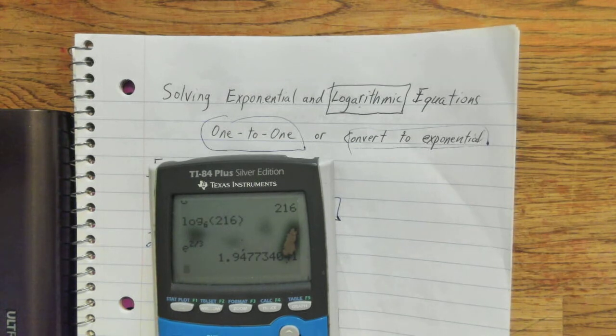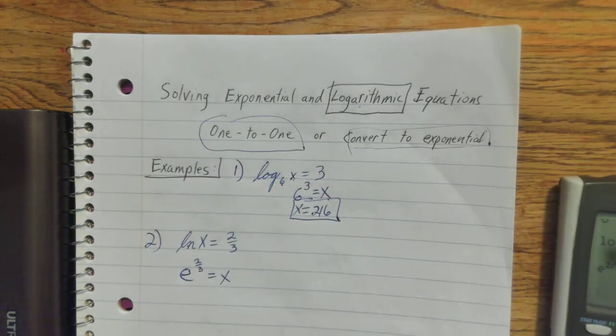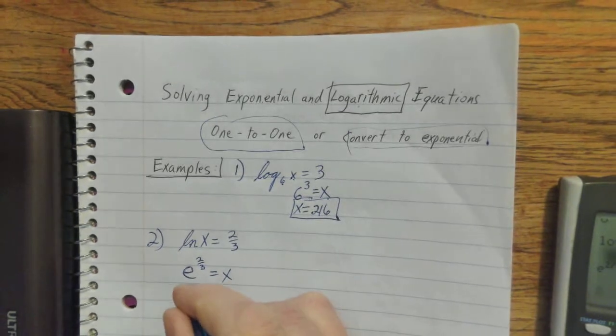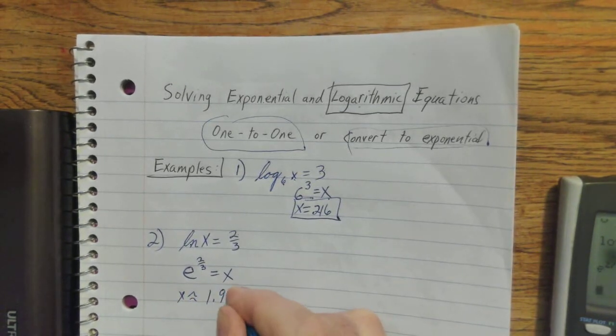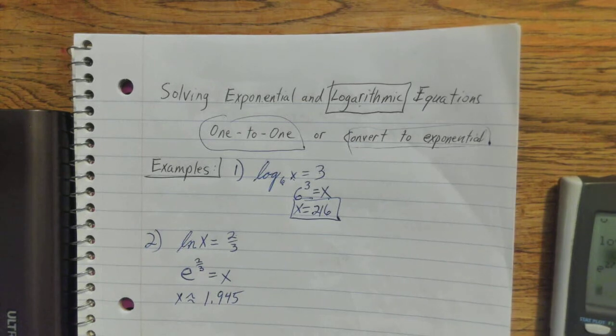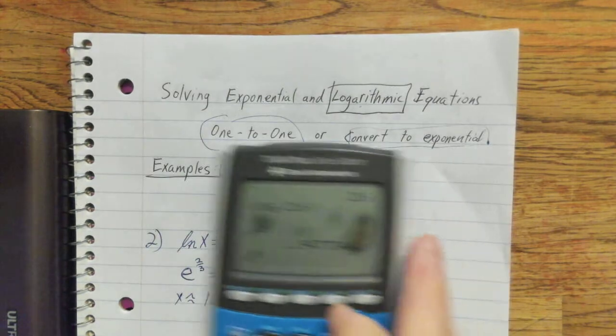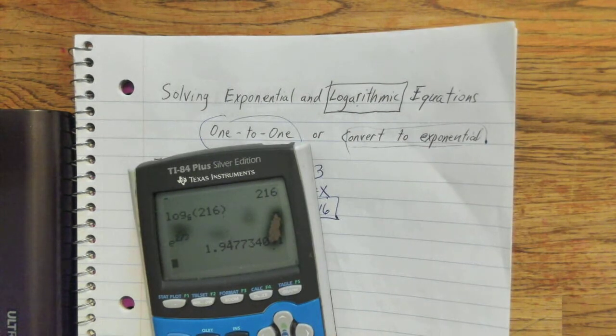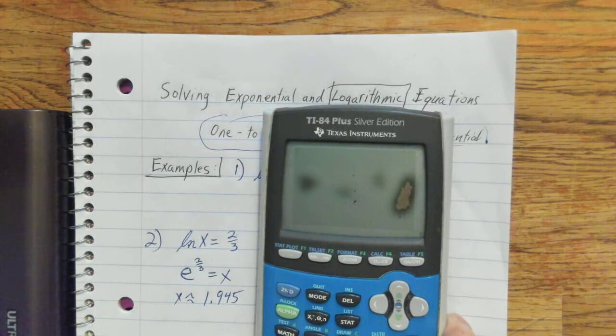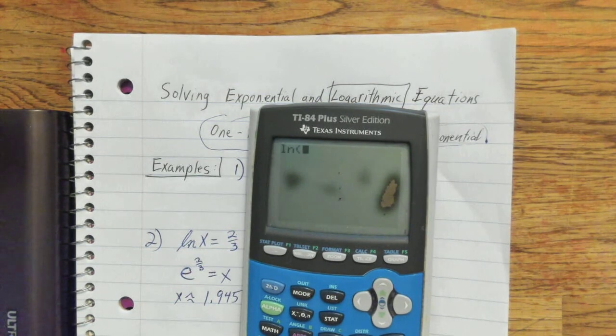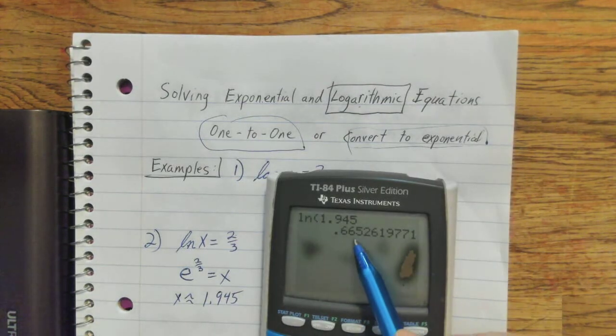I get 1.945. x is approximately 1.945. And if I check that, I'm going to take the natural log of 1.945, and I'm getting 0.665.